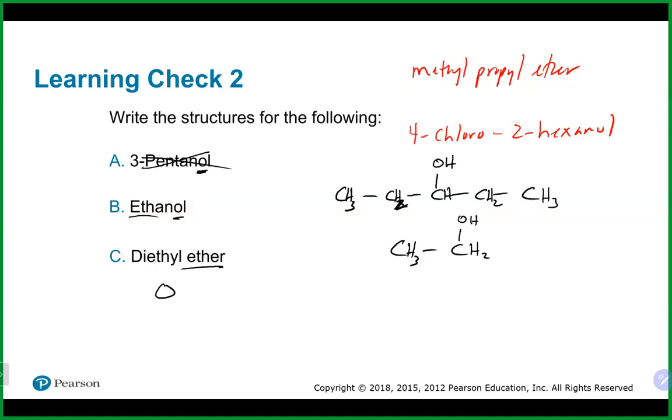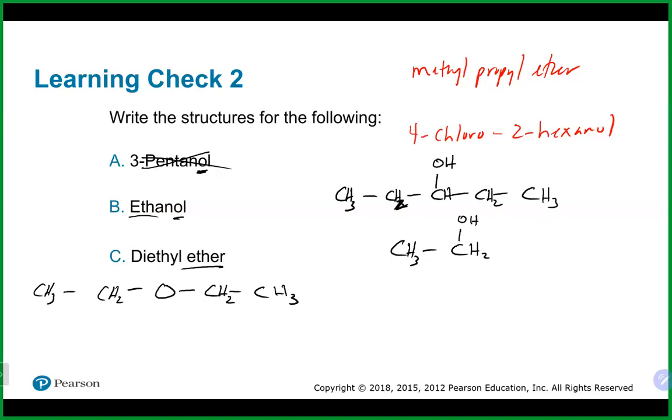Diethyl means we have an ethyl group on each side, and ethyl is 2 carbons. So we're just going to put 2 carbons on each side, and then the rest is going to be our hydrogens to get to 4. And then we're good to go. So kind of similar to what we were talking about with esters, with ethers, start with the oxygen, build out the groups on either side of it, and you'll be in good shape.